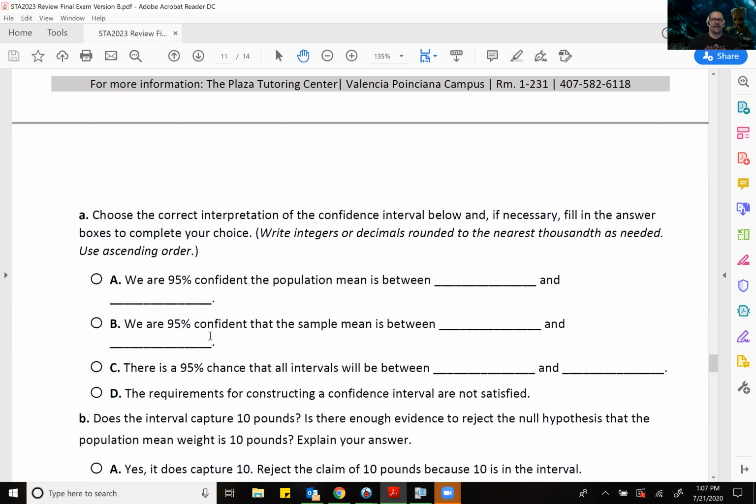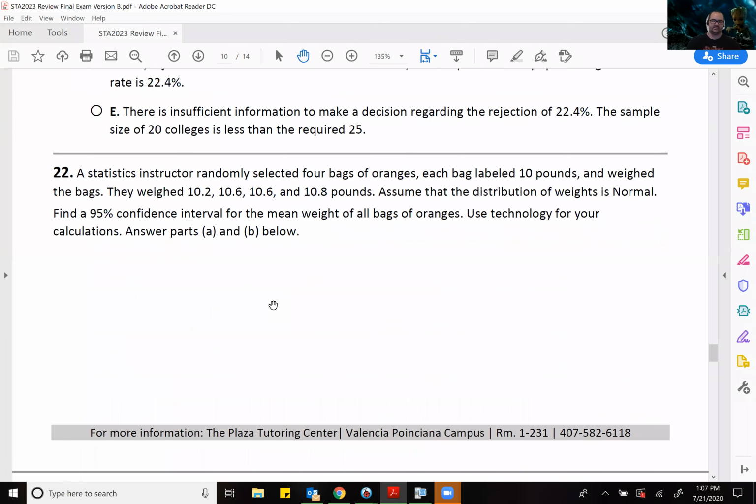So we don't have to check the CLT because it's going to be met, since they actually want us to find the confidence interval. But if we check that CLT that we talked about a couple minutes ago, it is random. One bag does not affect the other. So the first part is met. It's normal, so we don't have to worry about whether we had a large enough sample size.